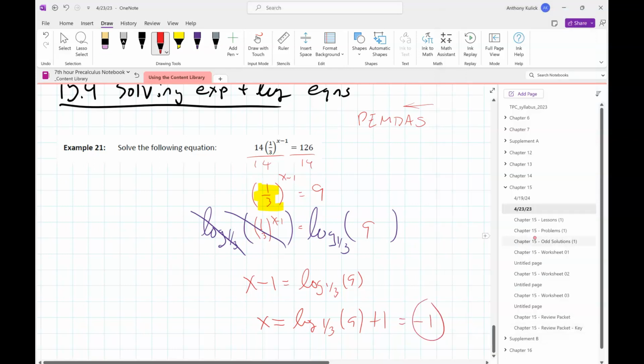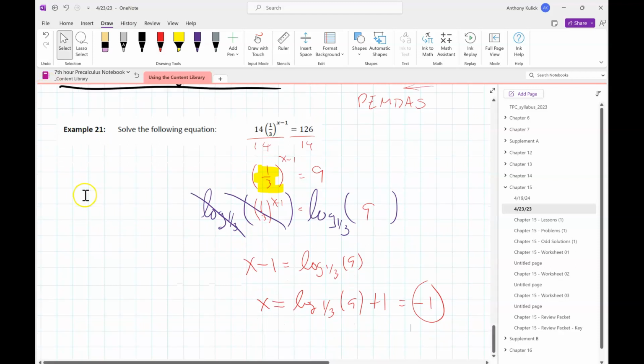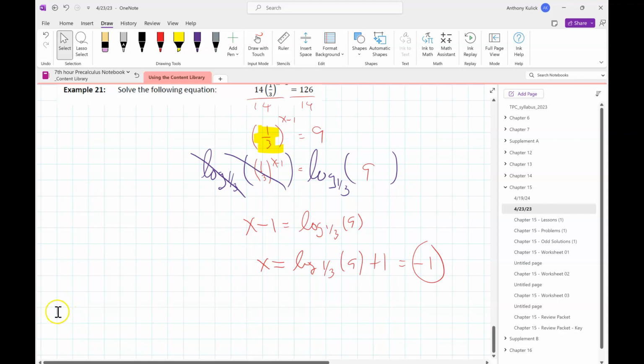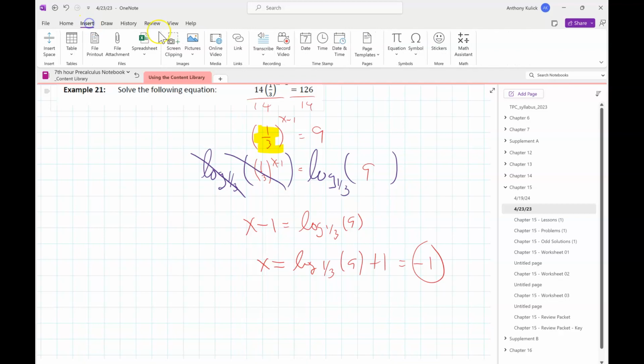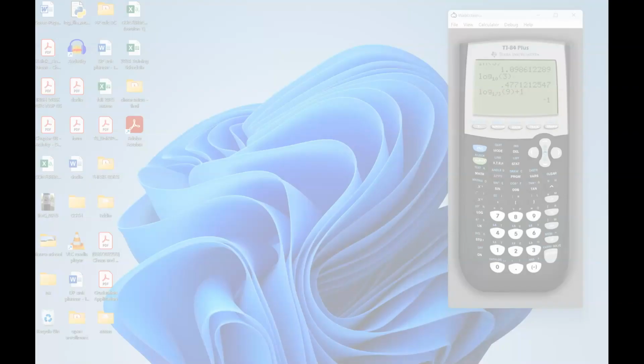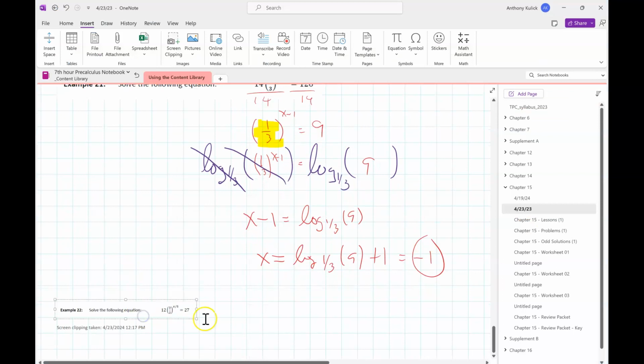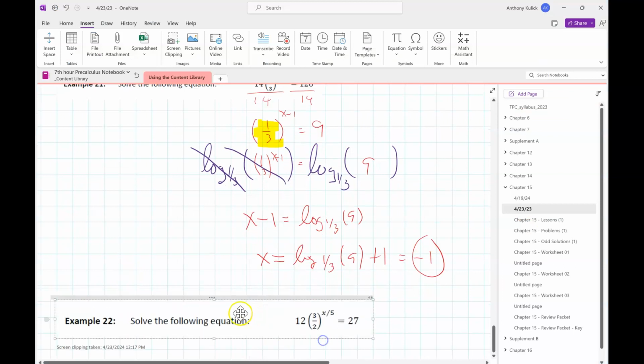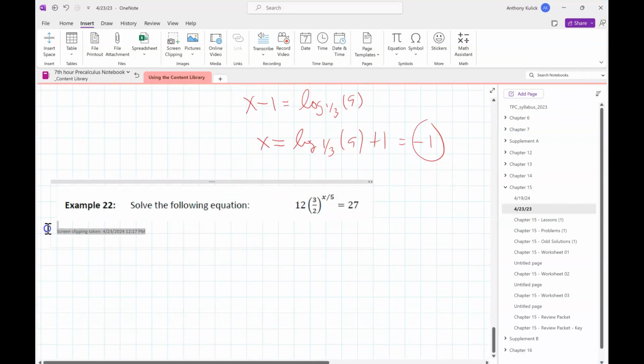And I'm done. What do you guys think? That step of using a logarithm to cancel the exponential is critical. Gotta see it.